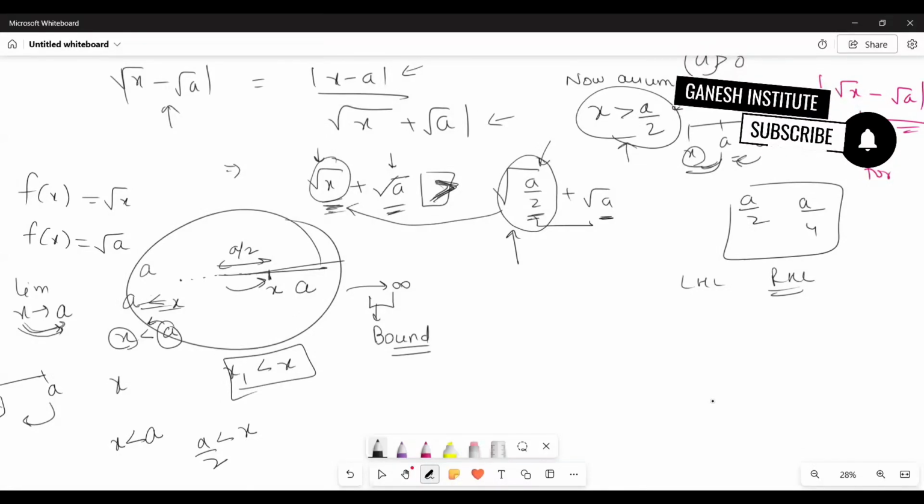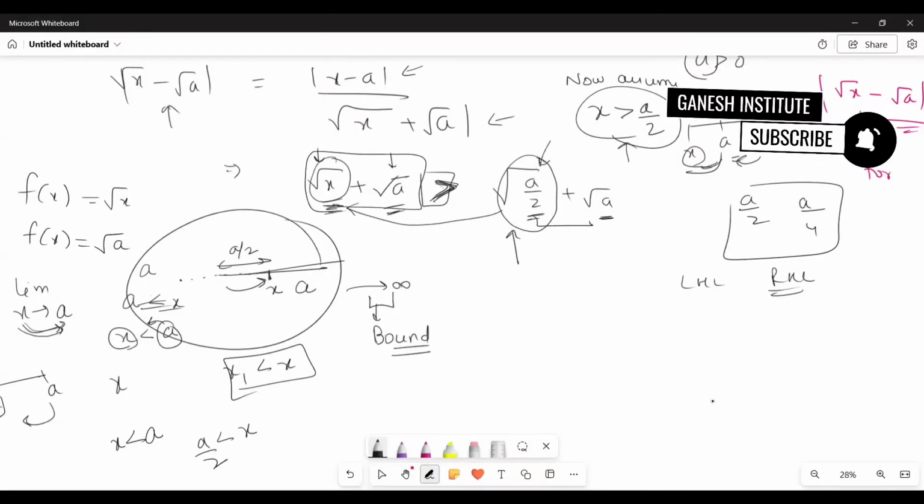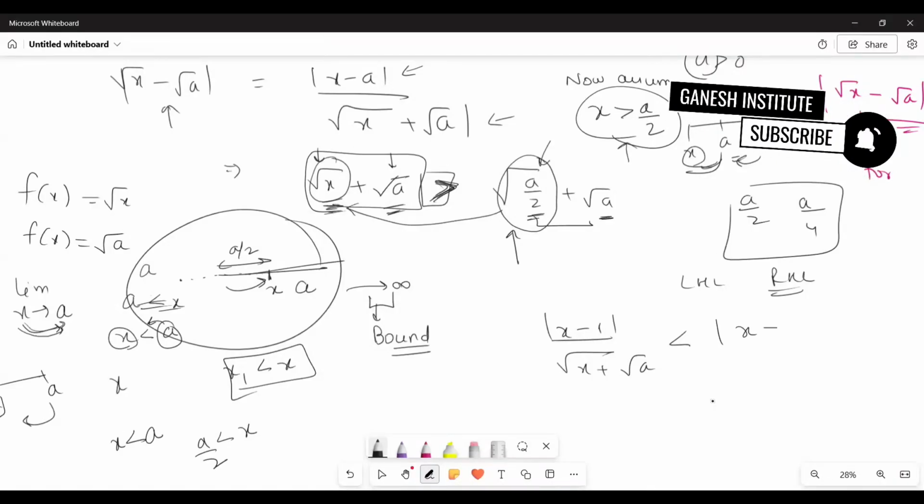Okay. But this is denominator. If it is denominator, that means if I have the fraction in place, root x plus root a, this will become smaller than that value. Why?